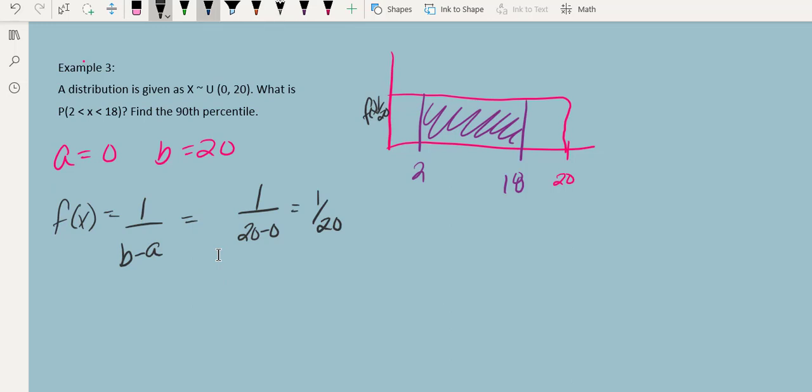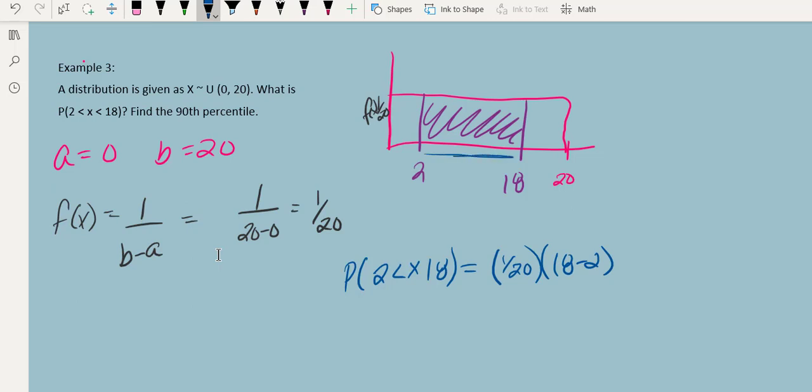So now when we want to find this probability between 2 and 18, remember it's base times height or height times base, however you want to say it. So this could be 1 over 20 times 18 minus 2, because again, we want to see what the space is in between here. So 18 minus 2 is 16.